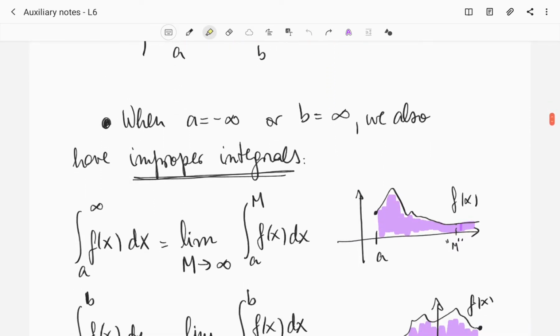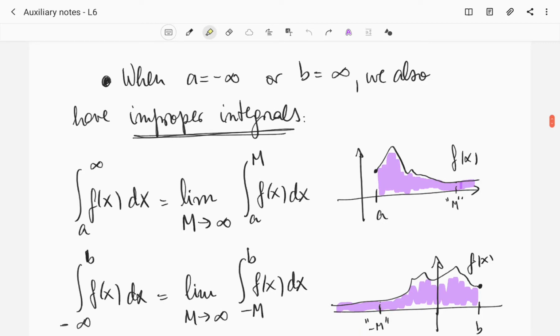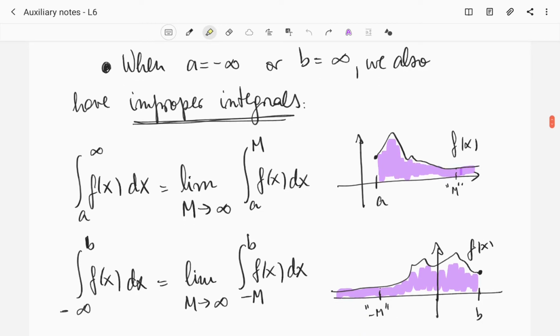Okay, more examples of improper integrals. When a is minus infinity or b is infinity, we also have improper integrals. And how do we understand this notation, the integral from a to infinity of f?